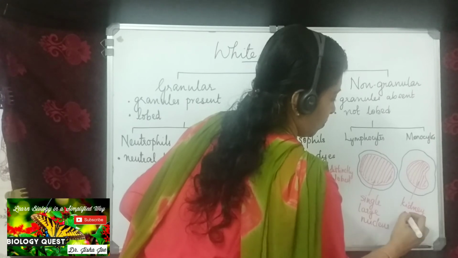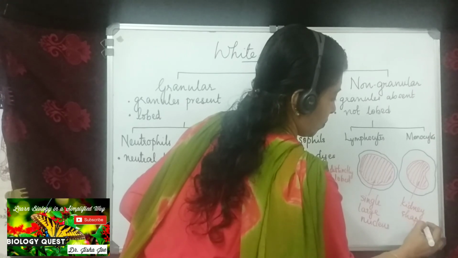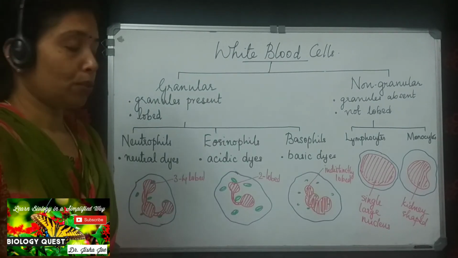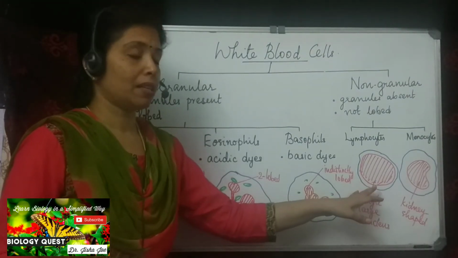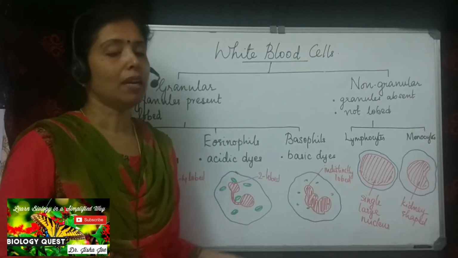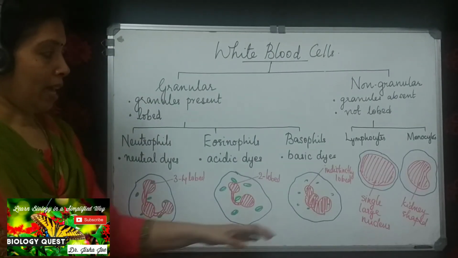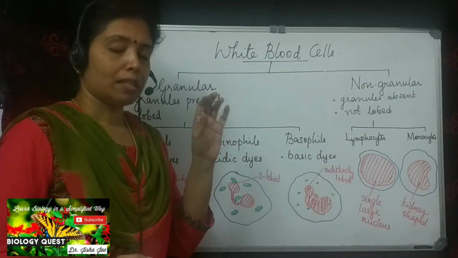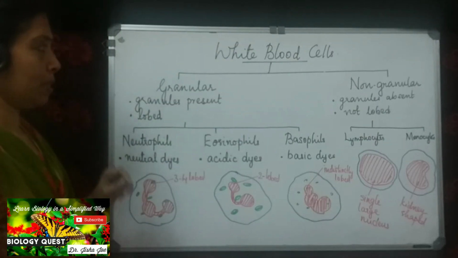One more thing you have to remember here is that the lymphocytes are the smallest among the WBCs. They have a single large nucleus, but they are the smallest among the WBCs.